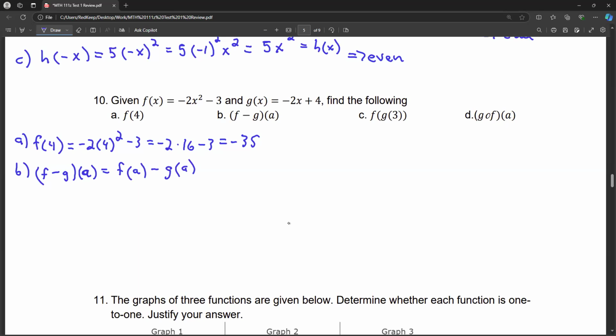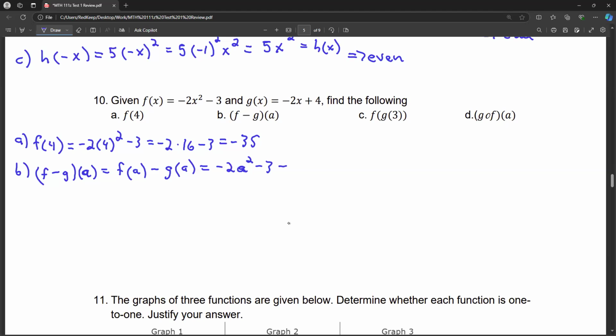So now we're just going to start by plugging in a into the f function. So wherever there was an x, I'm plugging in a. So -2a squared minus 3. That's what f of a is equal to. And so now I'm going to subtract what happens when I plug in a into the g function. So here, I find it best to use parentheses, right?